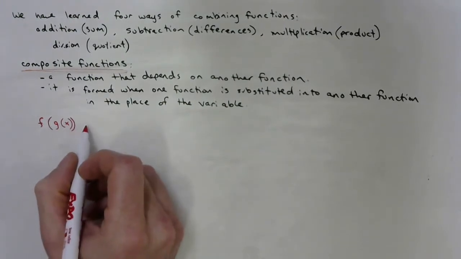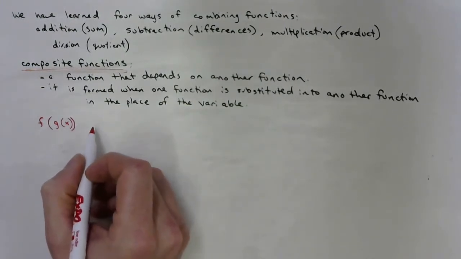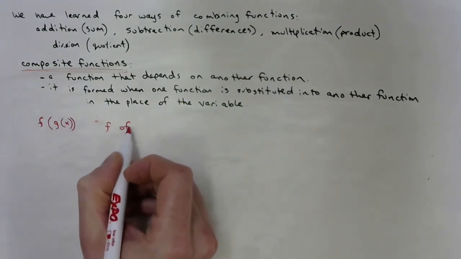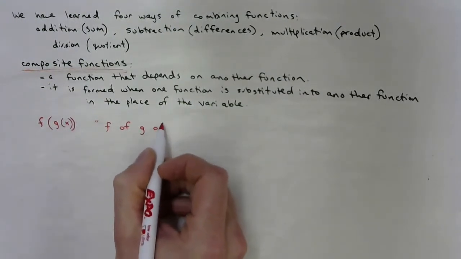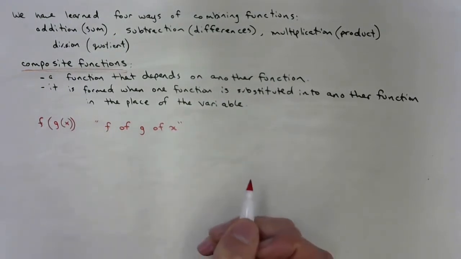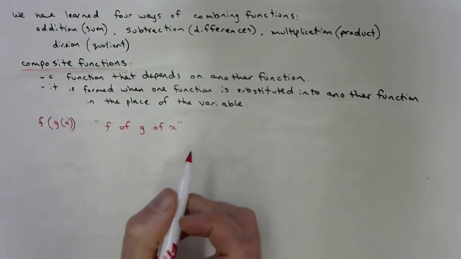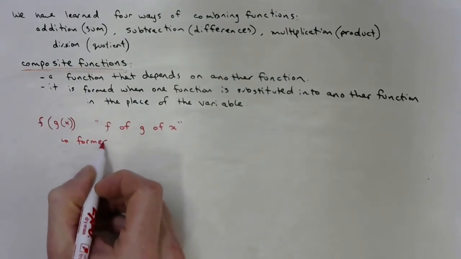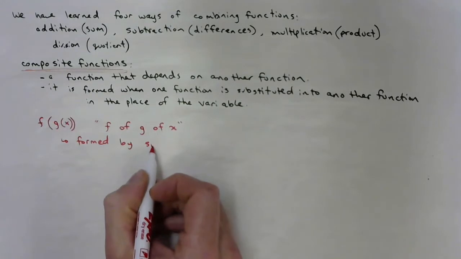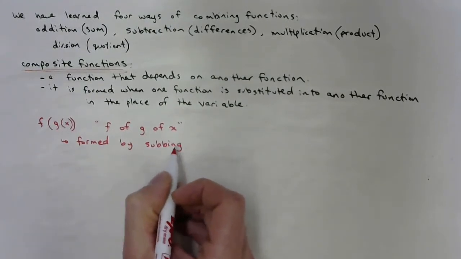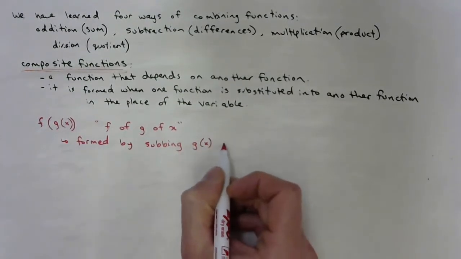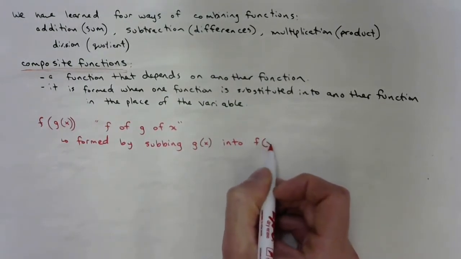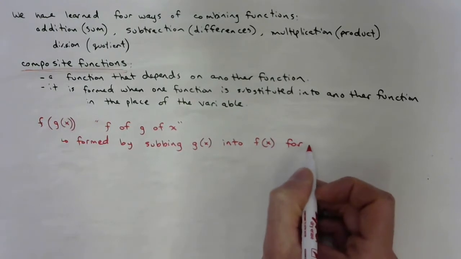So what does that mean? f of g of x is read just like that. f of g of x. It's formed by subbing g of x into f of x for x.